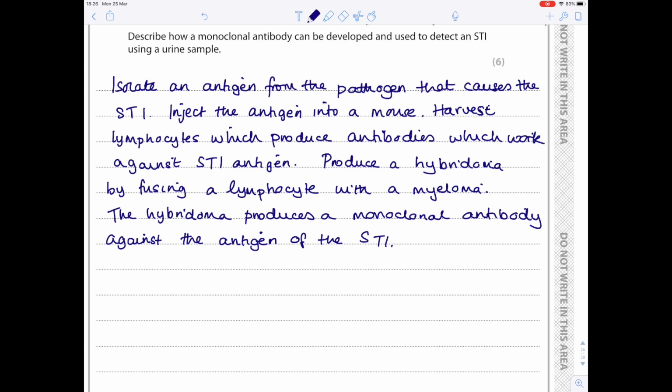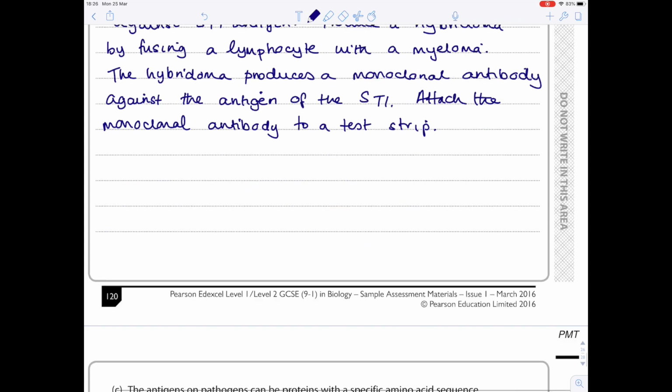In terms of its use, we want to attach this monoclonal antibody to a test strip, which can actually be used.